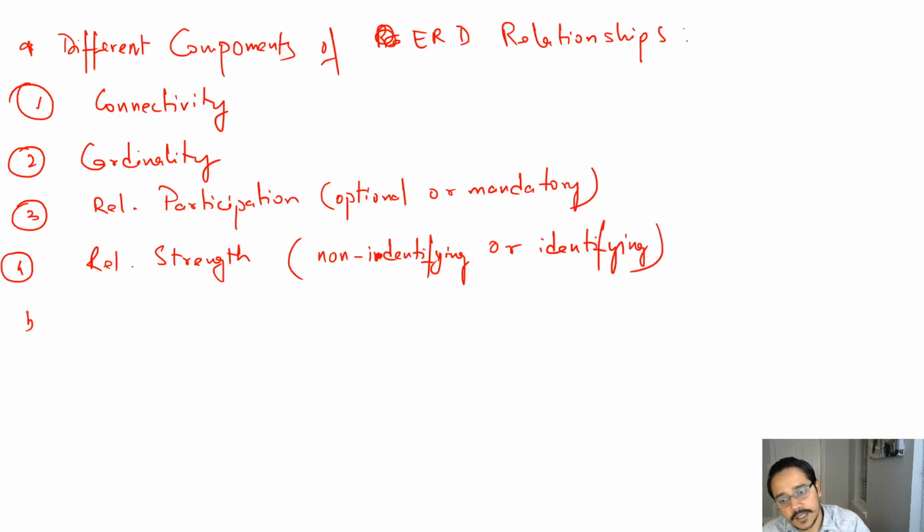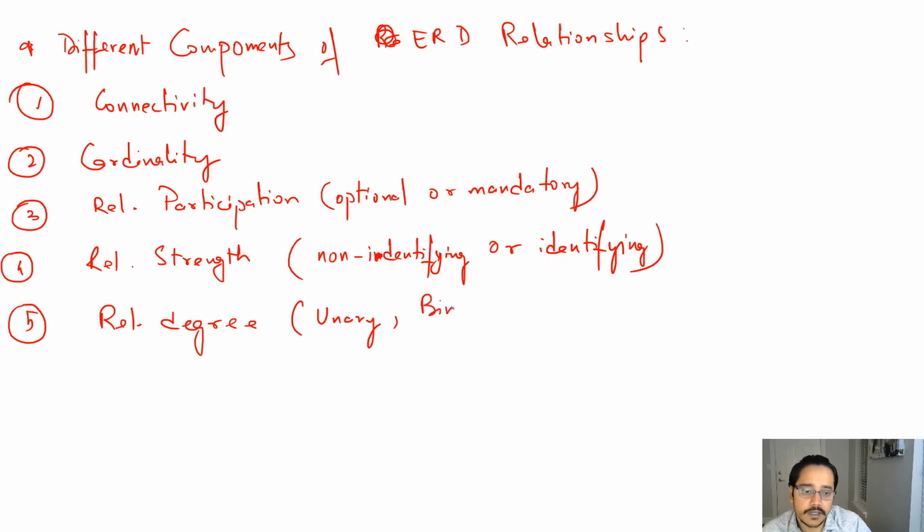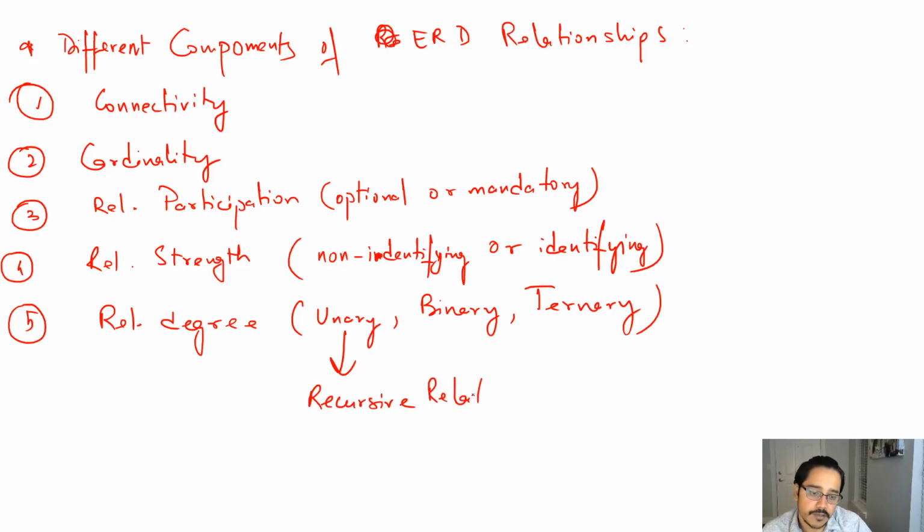Okay, and then you will have relationship degree, that is whether it is going to be unary, binary, or ternary. And unary relationships are also known as recursive relationship.